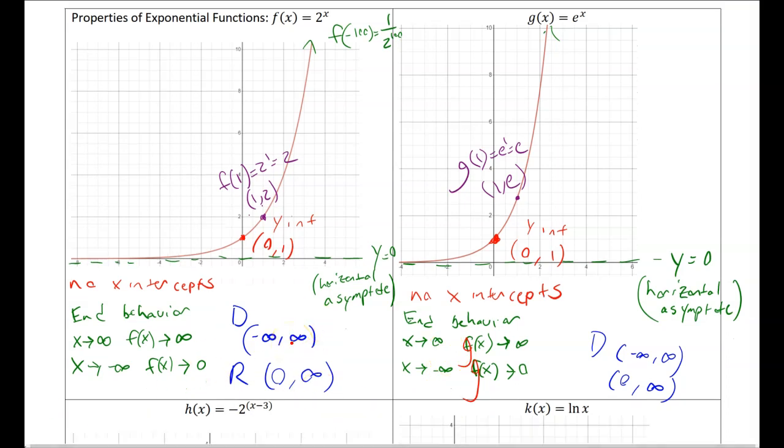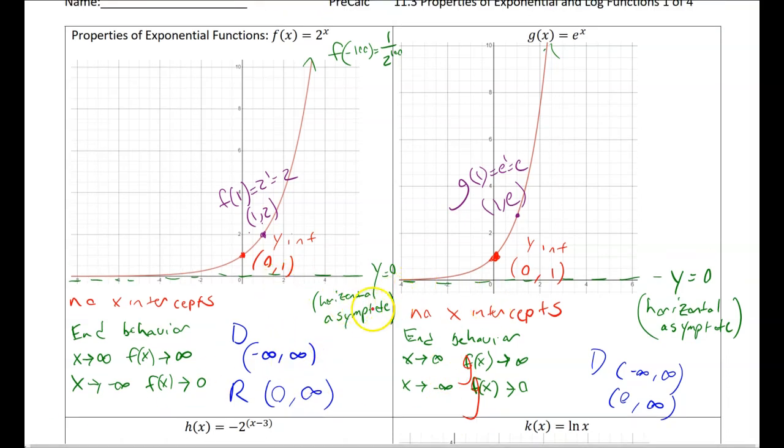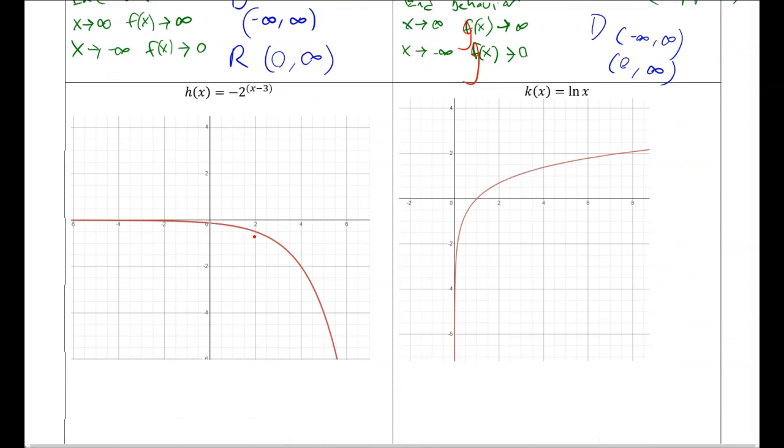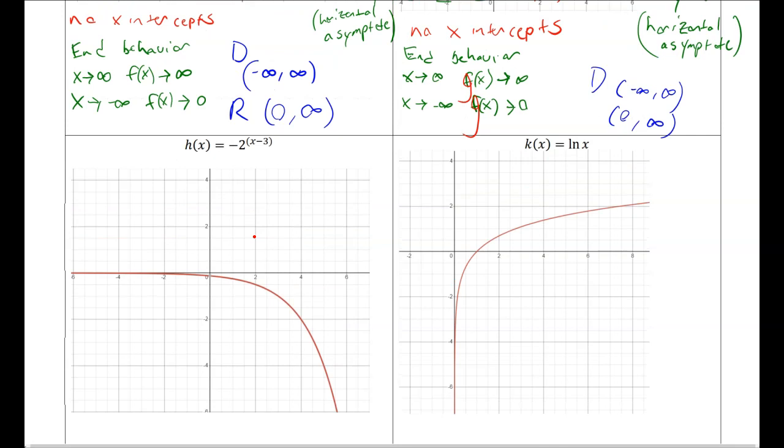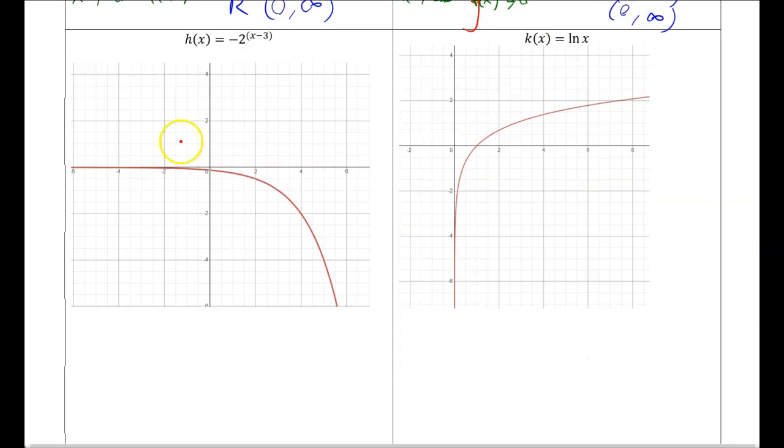All right, so hopefully that was a nice review for you, considering what these properties mean. Now we're going to consider h of x to start. So for h of x, we have some transformations. We have a vertical reflection, and that of course is the negative, and then we have a translation to the right, and that's the minus 3 inside the function.